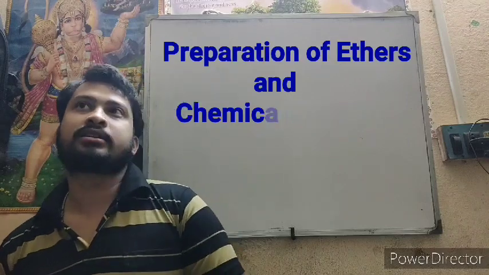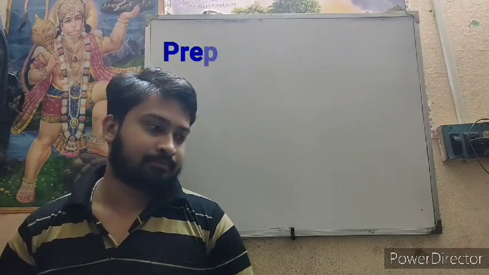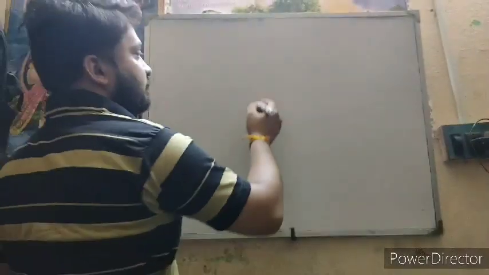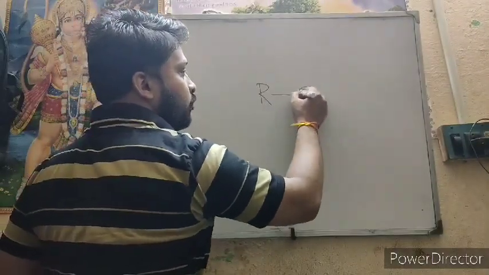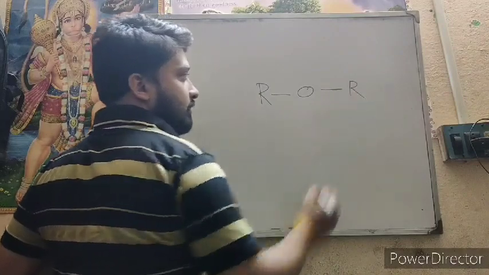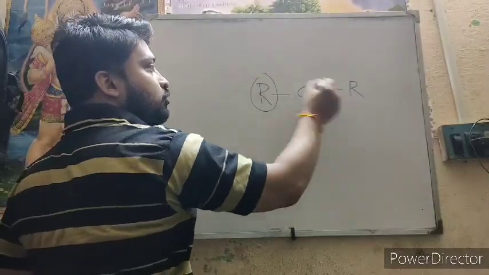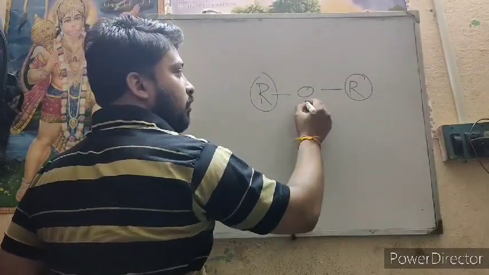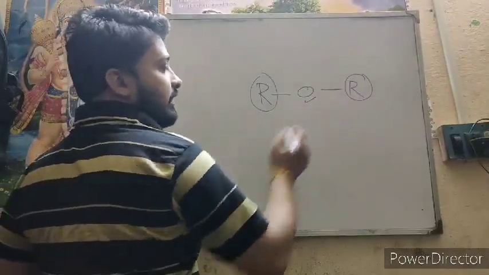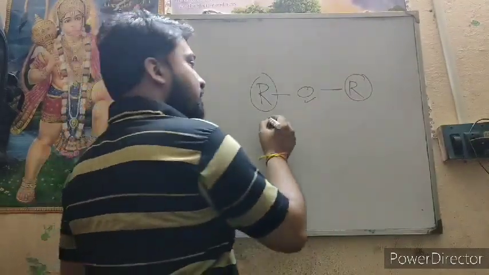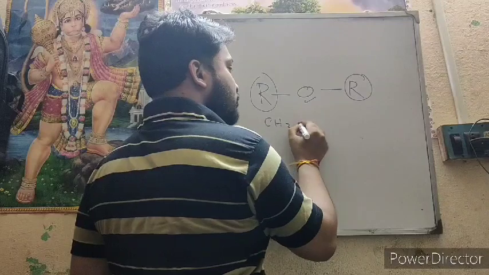Do you know what ether is? Ether is R-O-R, two bulky groups joined with oxygen. This is called ether. If both groups are similar, it is a symmetrical ether.